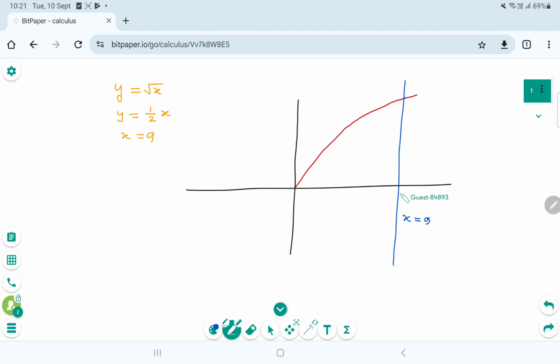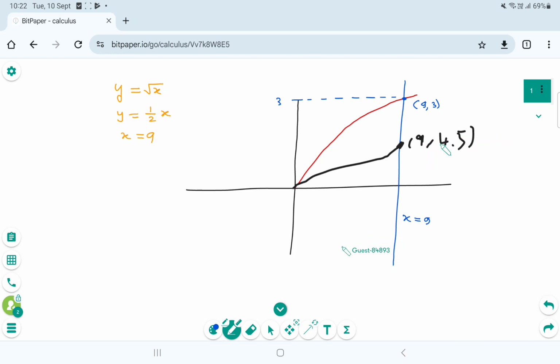This point we have intersecting point is 9,3, right? 3 here. Yeah, this is 3 height. Now what? Yes. 9,4.5 point.